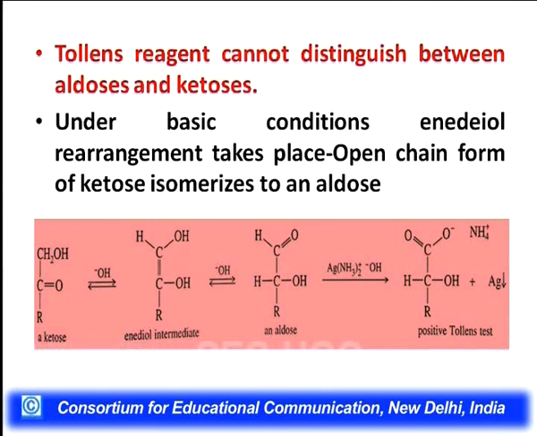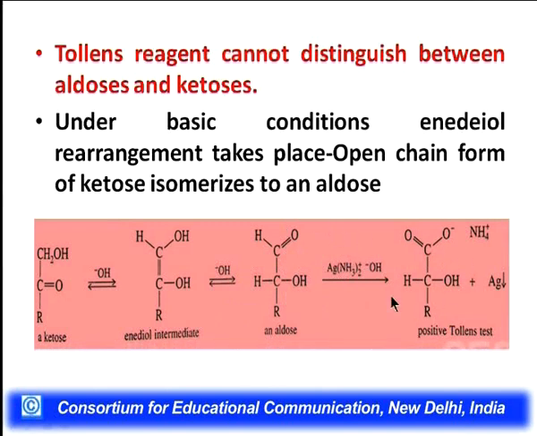The furanose structure of the ketose opens up to form an open chain structure, and the ketose isomerizes through an enediol intermediate to give an aldose, and this aldose on reaction with Tollens reagent gives a positive test.